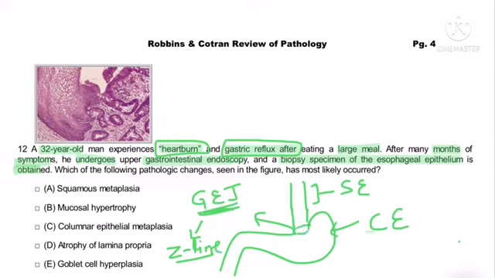Whenever there is reflux of gastric acid into the esophagus, it can cause damage to the esophageal wall, especially the lower segment. Damage to the wall can lead to necrosis, or before necrosis the cells try to resist that pH, that acid, but the recurrent reflux of acid can finally damage the esophageal mucosa.